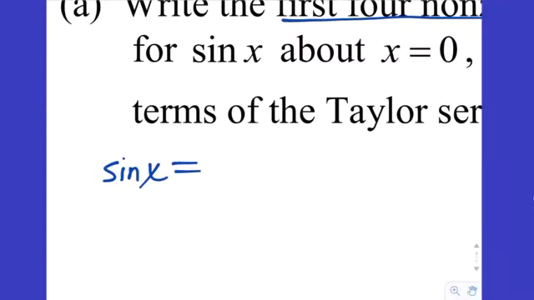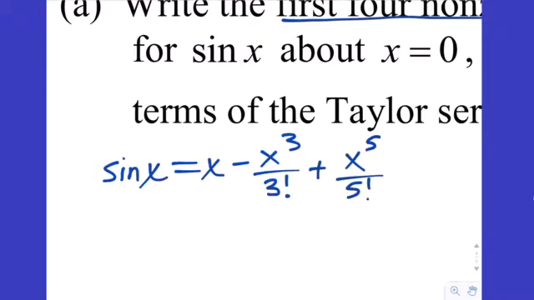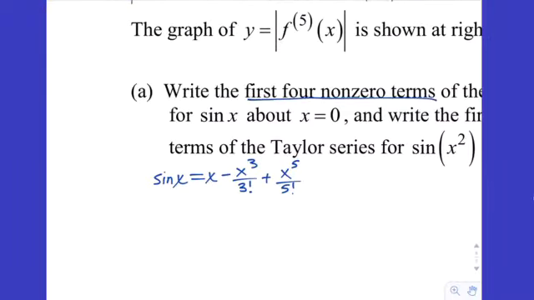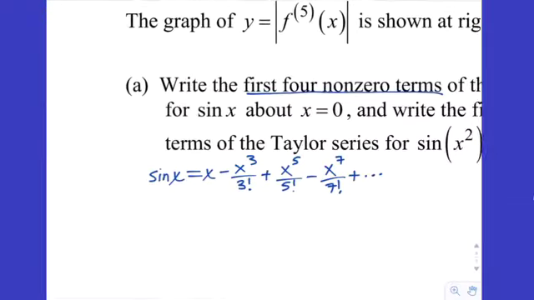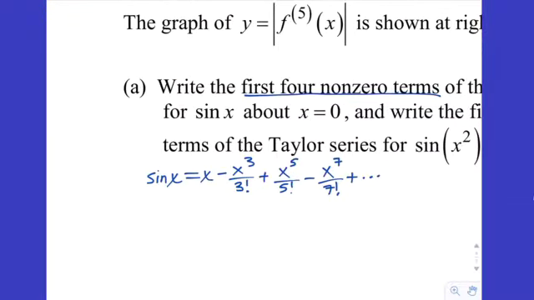So sine of x equals x minus x cubed over 3 factorial plus x to the 5th over 5 factorial. Is that the first four non-zero terms? Nope, need one more. Minus x to the 7th over 7 factorial. And because it's a series, I have to say plus dot, dot, dot. If it were a polynomial, I would have a squiggles, and then I'd stop.